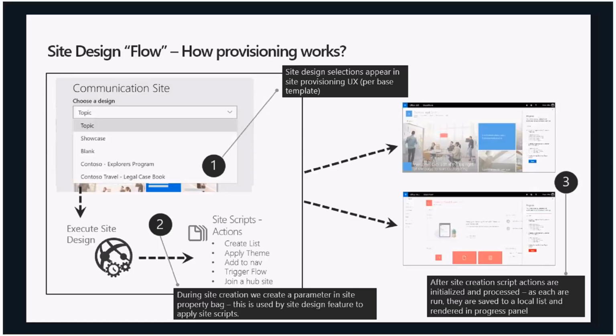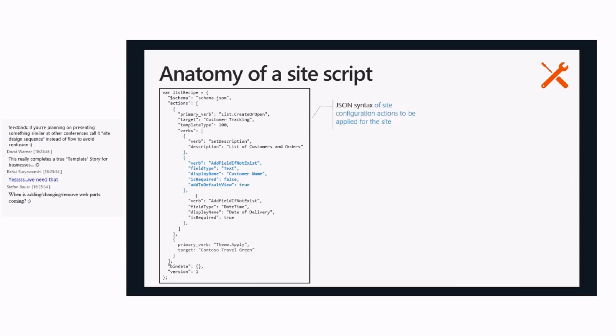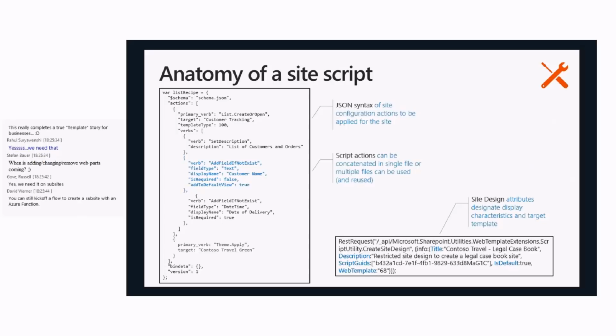Yep. Excellent. Now, one final slide before we go through what are the new actions. So, anatomy of a site script. A site script is basically a JSON file. What happens here is that we always create the new site using the default out-of-the-box site definition, technically, behind the scenes.